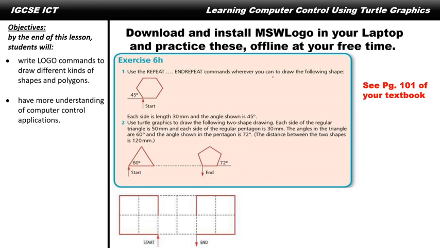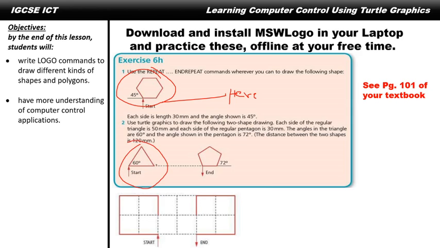So please, I want you to pay attention. I have explained this one. I want you to practice it on your own. Then here you follow what you learned here to draw this one.